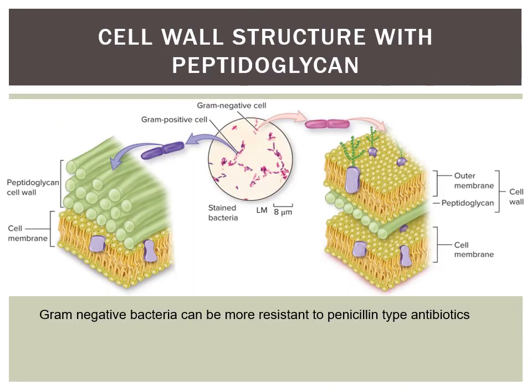Okay, so we looked at this picture already, but I do want to mention, if you're looking at the cell wall type on the right-hand side, that would be the thin cell wall, and we're talking thin in terms of the amount of peptidoglycan. But many times, not all the time, it's not a general rule, bacteria that have the thinner cell wall that stain gram-negative, so they stain red, are more likely to be resistant to penicillin-type antibiotics.